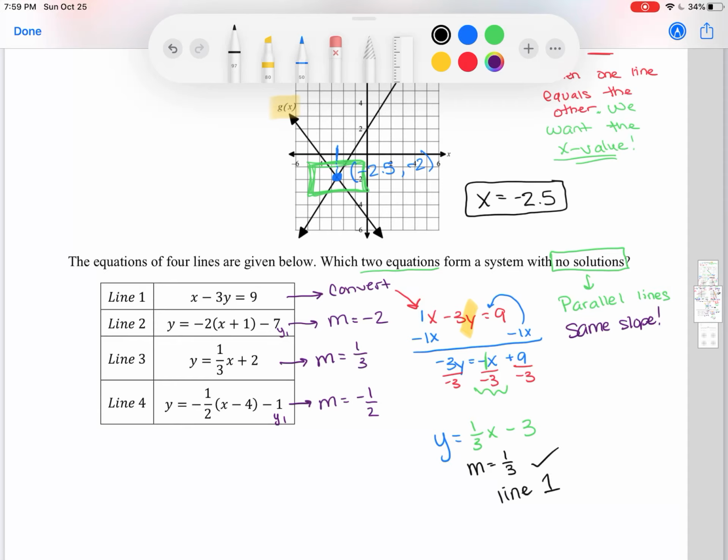So for my line 1, my slope, I can now identify is 1/3. If my slope here is 1/3 for line 1, and I see that my slope for line 3 is also 1/3, then I know that they are both the same slope. Therefore, they must be parallel to one another. So my answer would be line 1 and line 3.